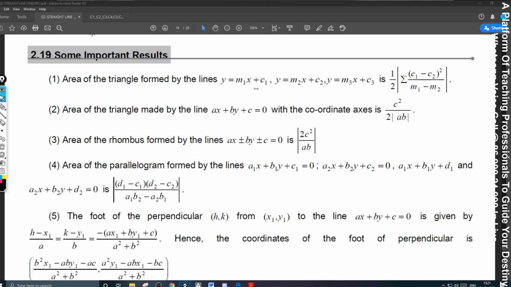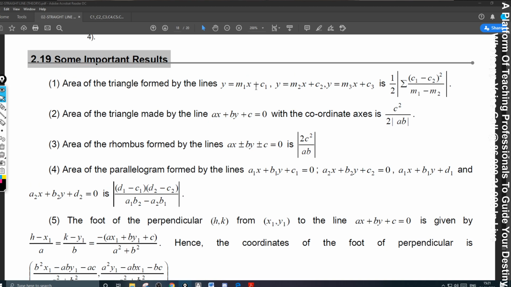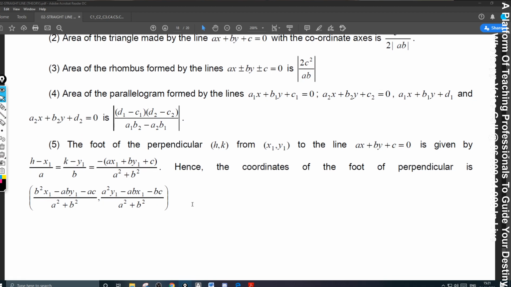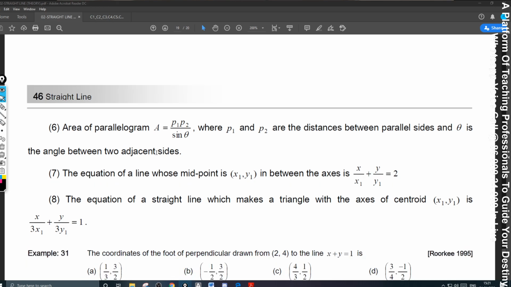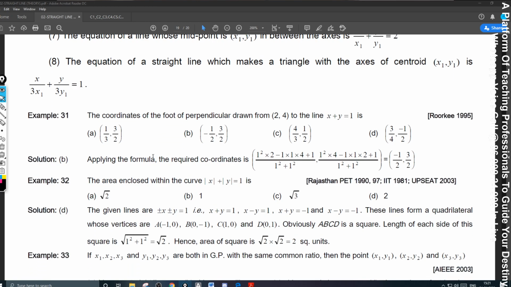Now these are some important properties that are to be understood, with regards to area of the triangle, ax plus by plus c, the coordinate axes, area of the rhombus, area of the parallelogram, and this is the foot of the perpendicular. We don't need this because we already derived it. Now I'll be discussing this finally, at the end.